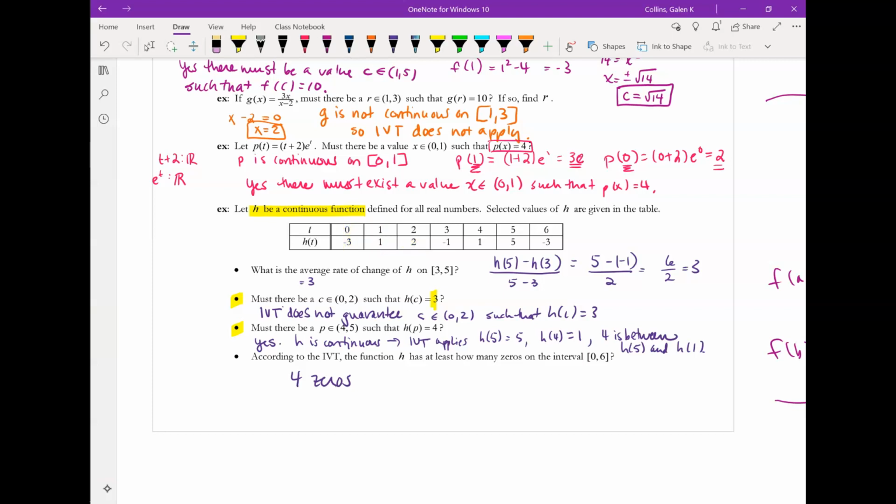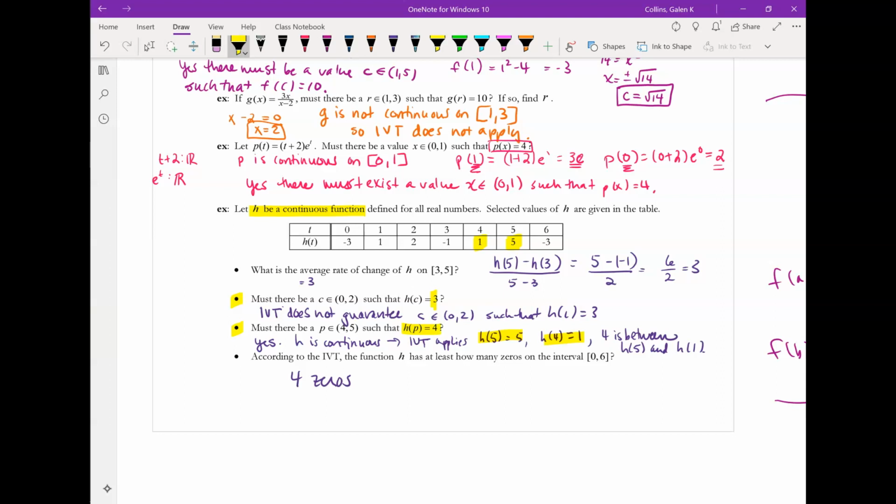And what we need to check is, first of all, h of 5 is 5, h of 4 is 1. So we need to write that out. The number 4 that we're guaranteeing is between those two numbers.